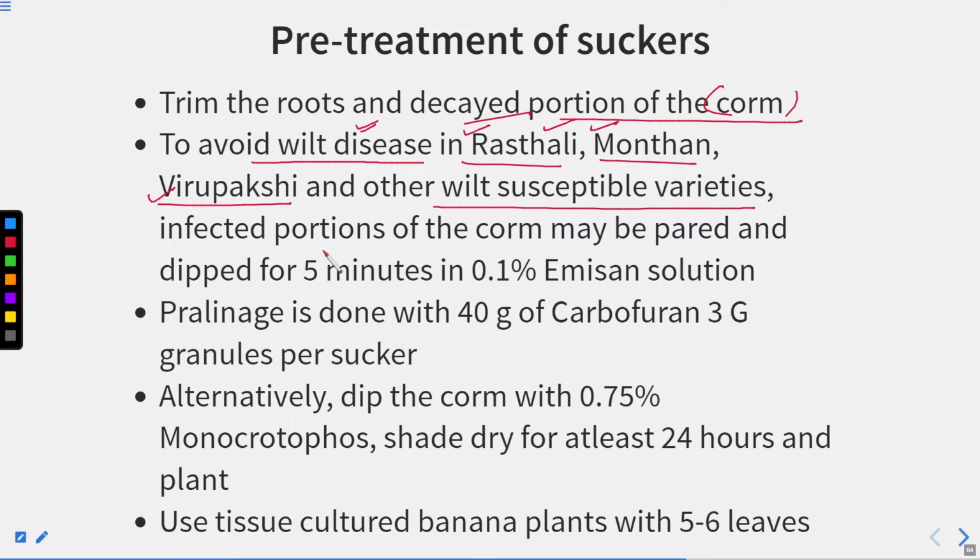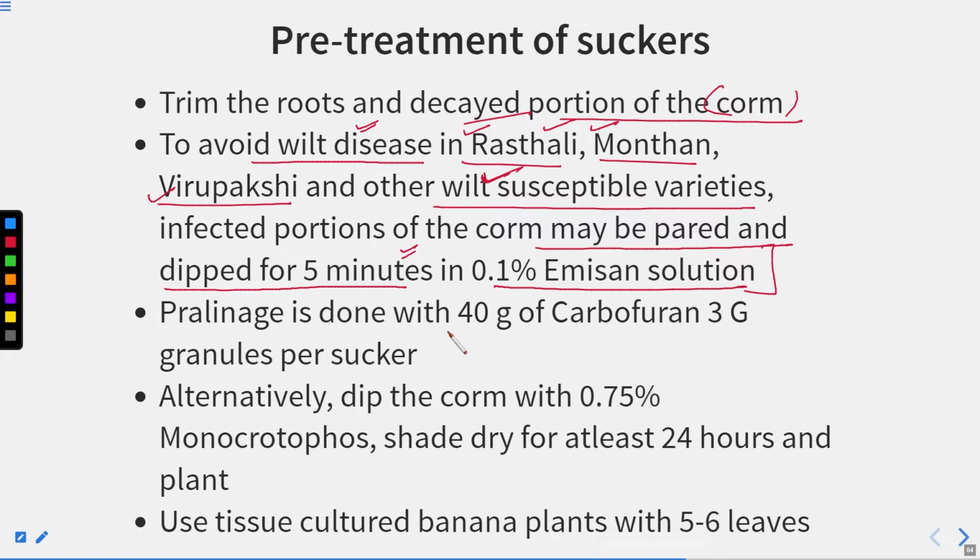The infected portion of the corm may be pared and dipped for 5 minutes in 0.1% emisan solution. We can do this if the corm is infected. Wilting generally occurs with some fungal infections, but there are many other reasons also. If it is because of a fungus, then we have to dip it for 5 minutes in 0.1% emisan solution.